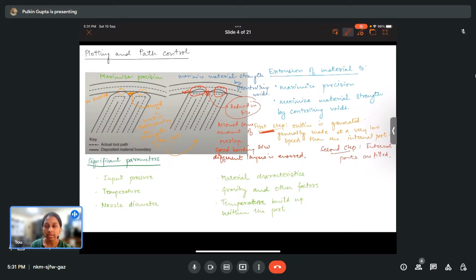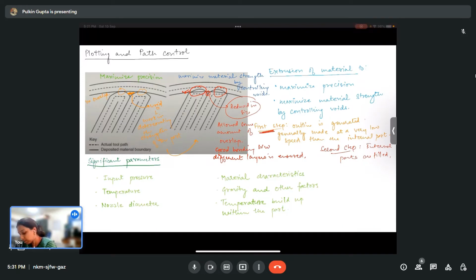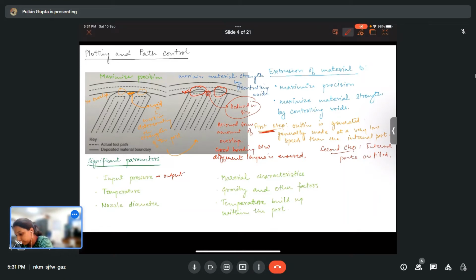As the output flow rate changes, a number of other parameters are also affected, because it directly affects the flow of the material. So input pressure is directly associated with the output flow rate.